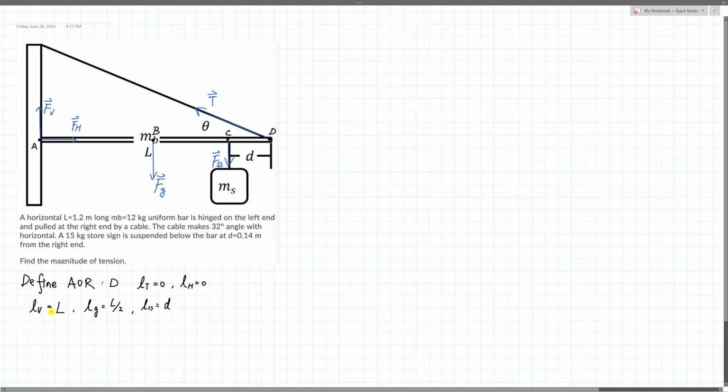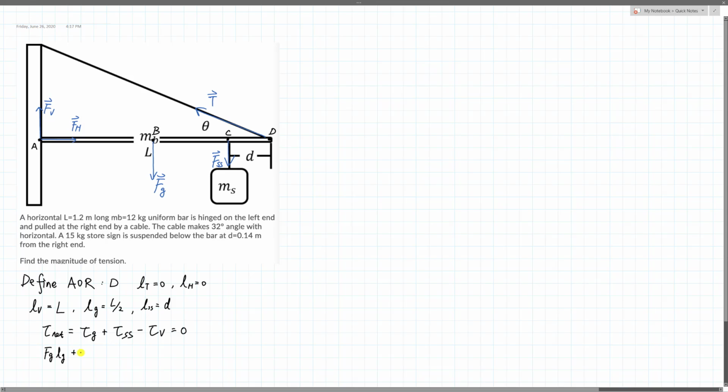Okay, so we know that net torque equals torque from gravity of the bar, torque from the store sign, and then torque from the vertical hinge force. And that is equal to rotational inertia times acceleration, which is equal to 0 because of equilibrium. There's no acceleration. Okay, so gravity's torque is Fg times Lg.